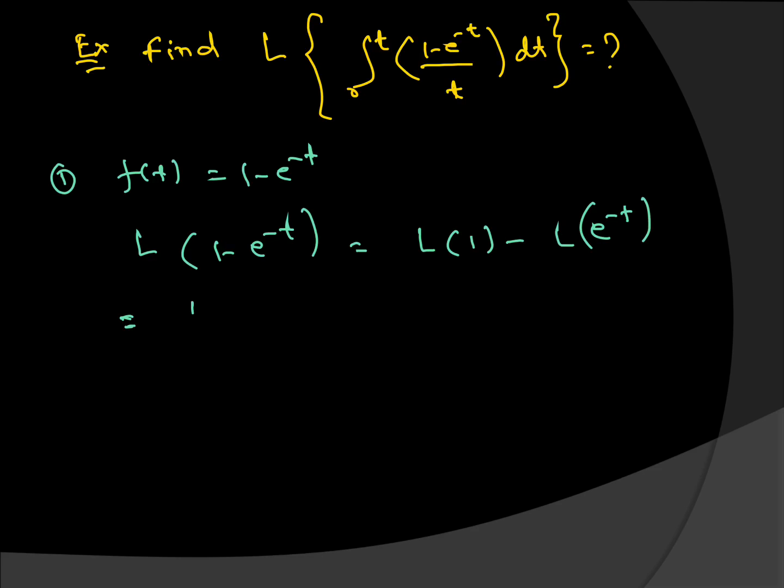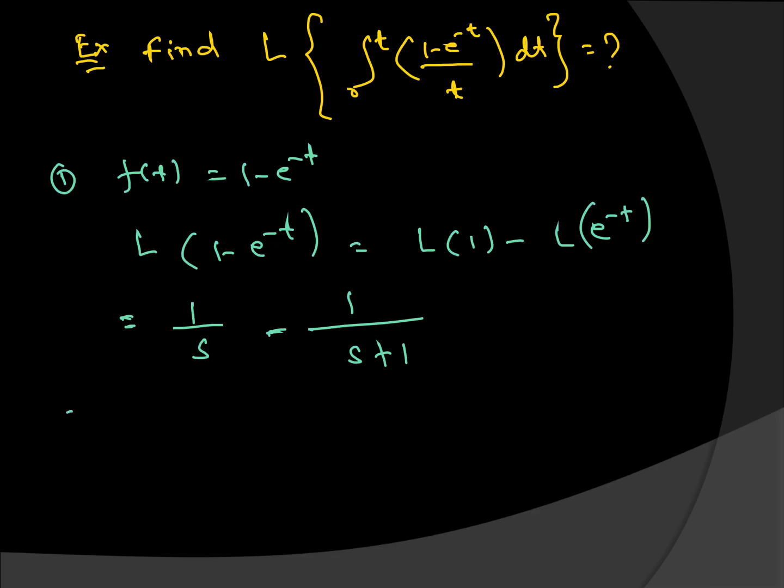Here Laplace of 1 is n factorial divided by s to the power n plus 1. n is 0 here. So you will get 1 by s minus 1 by s plus 1. Because here it's minus t, so you will get 1 by s plus 1.